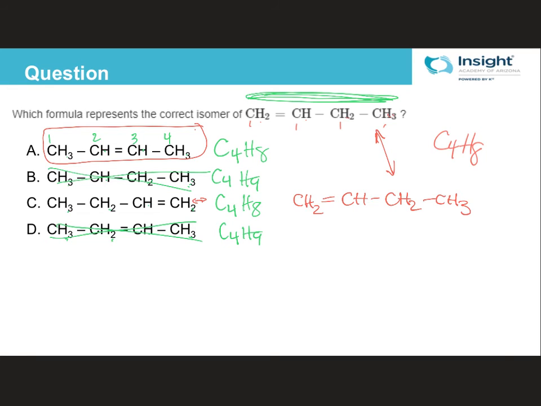This one, written forward or backwards, has this double bond in the middle, which means you can't get it to superimpose on top of the formula in the question, so that's the only one that is a structural isomer.